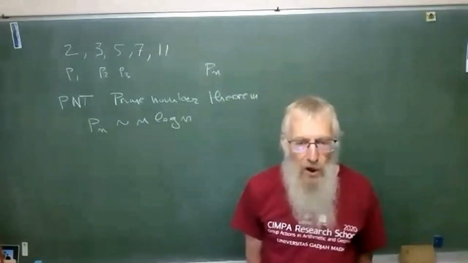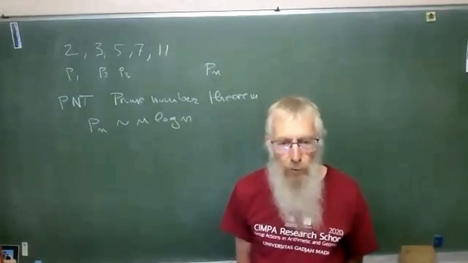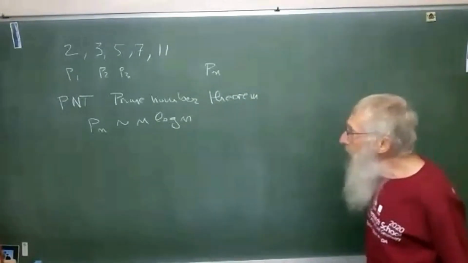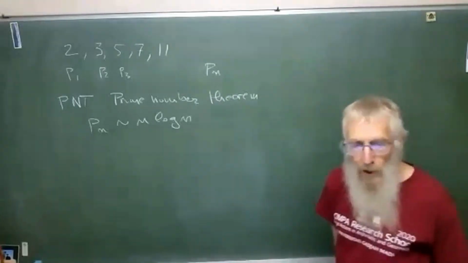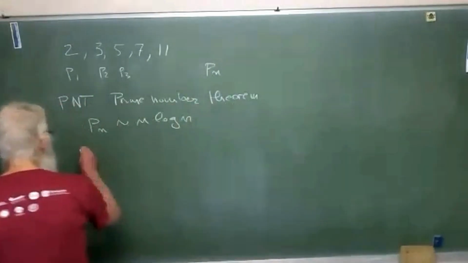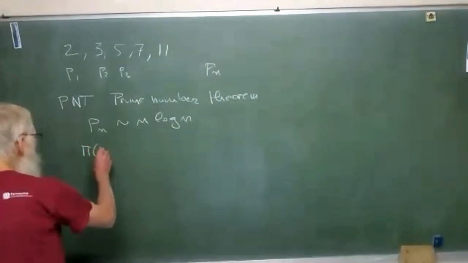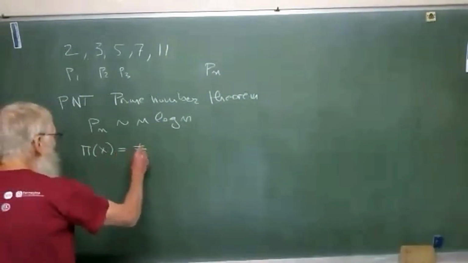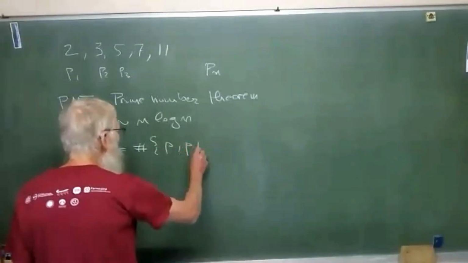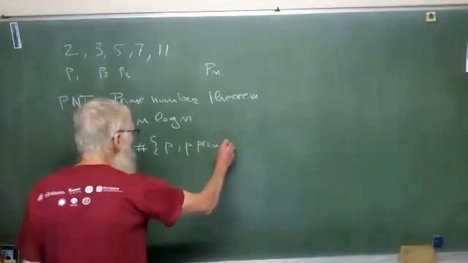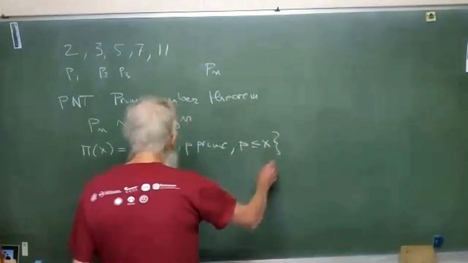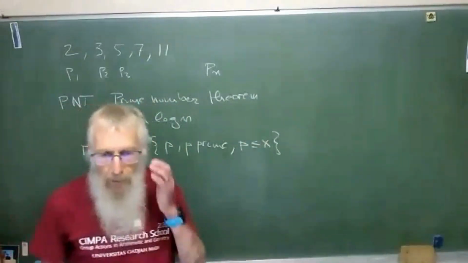There is another way which is equivalent, and it's an exercise to go from one version to the other one, which is to count the number of prime numbers which are less than a given bound. So let me define phi of x as the number of p, where p is prime, and p is less than or equal to x, when x is a real number.